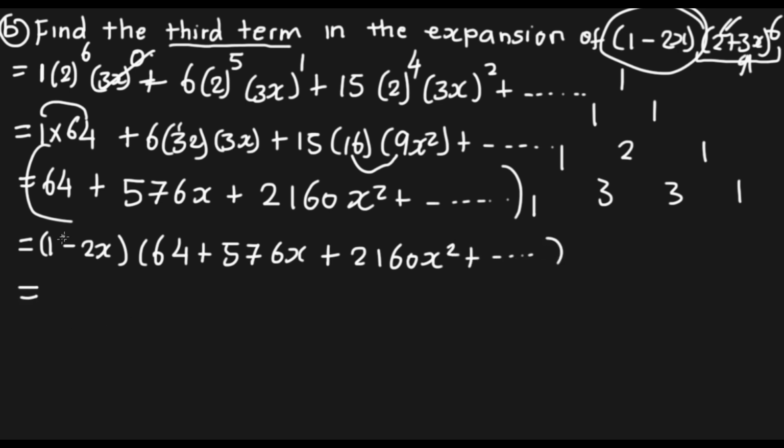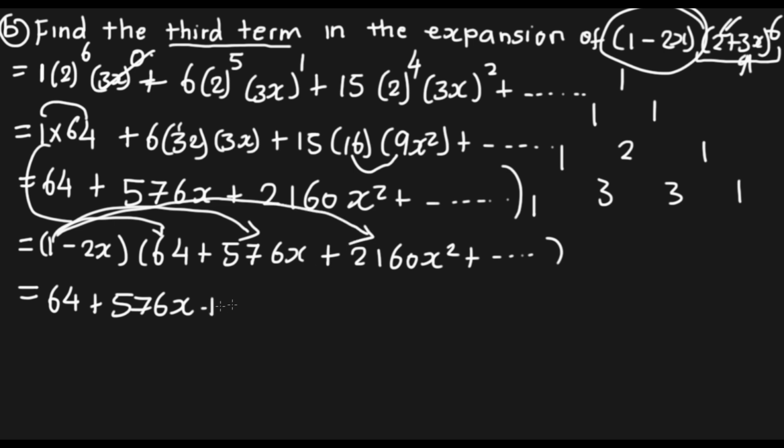So let's distribute. 1 times 64 will give us 64, plus 1 times this will give us 576x. 1 times this will give us 2160x squared. So move on to this one. Negative 2x times this one will give us minus 128x.